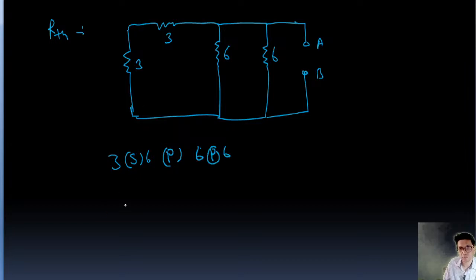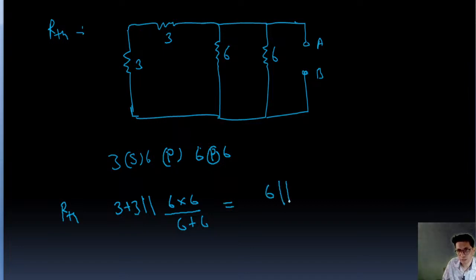Okay, so this means R Thevenin is going to be, these two are in series means 3 plus 3, and this is parallel with this. These two are in parallel means 6 into 6 upon 6 plus 6, right? So this value is going to be 6 parallel with 36 upon 12, right?